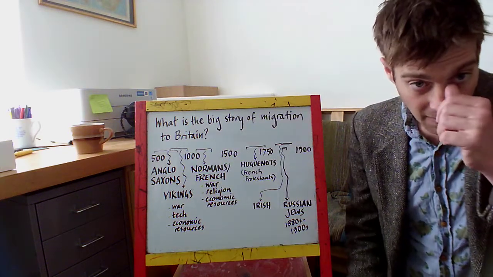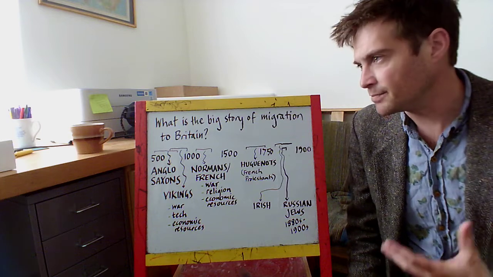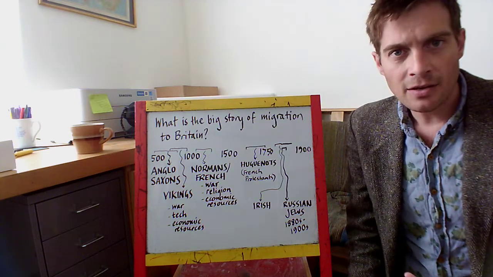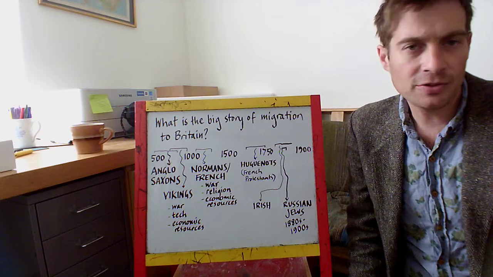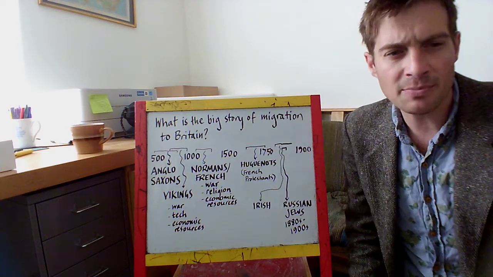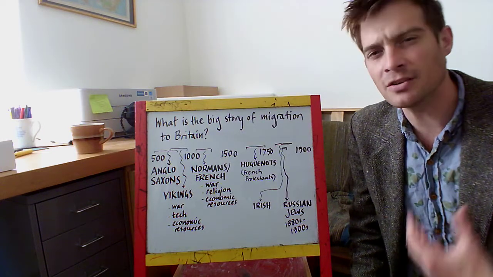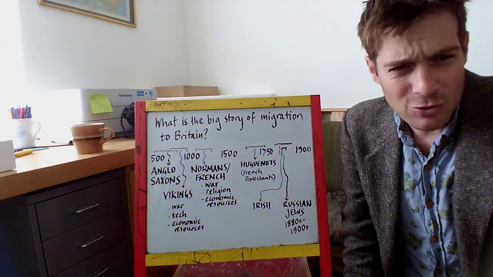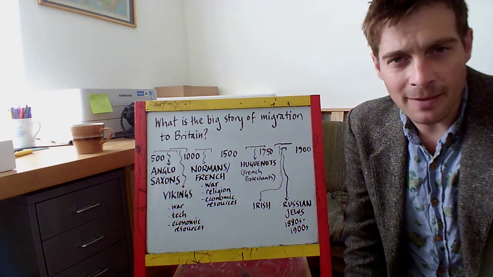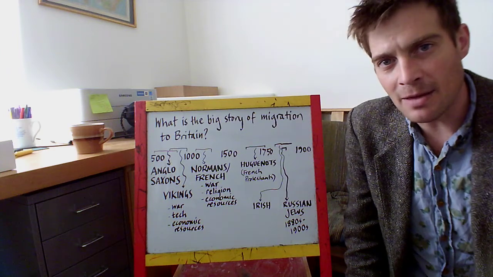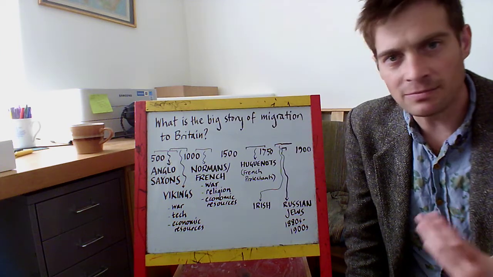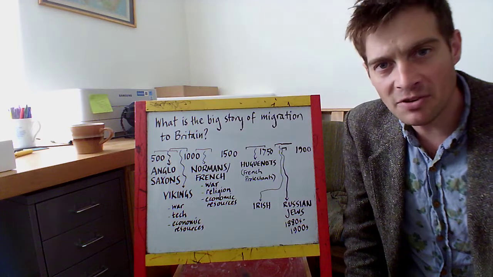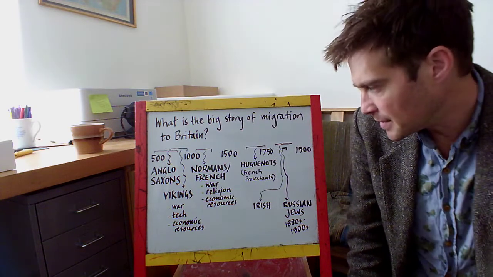Religion, if you recall: William the Conqueror persuaded his fellow Normans to come and take part in the conquest because he said, the Pope's on my side, you'll get a place in heaven if you do that. And yet again, economic resources, as always, playing a part in motivating people to get up from their home in Normandy and come over to England.